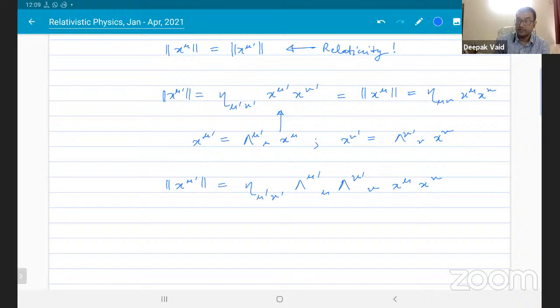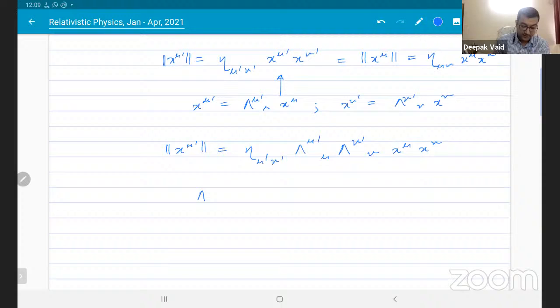If you were writing this as a matrix, let's say lambda x and lambda x, then you couldn't just write this as lambda x x. That wouldn't make any sense.